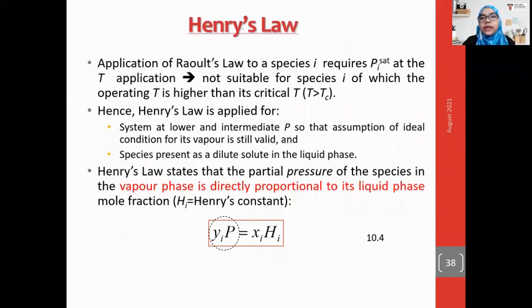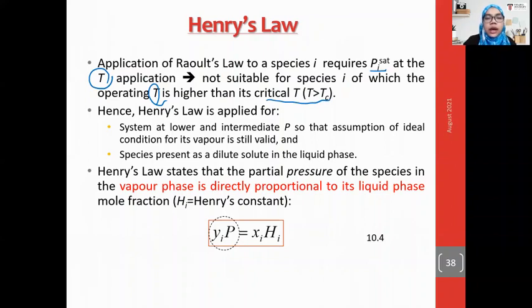Okay, the next model is Henry's law. If we refer to the application of Raoult's law to a species, for example species i, it requires P saturation at the given temperature, which is not suitable for a species whose operating temperature is higher than its critical temperature.